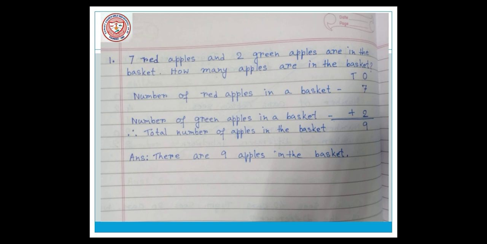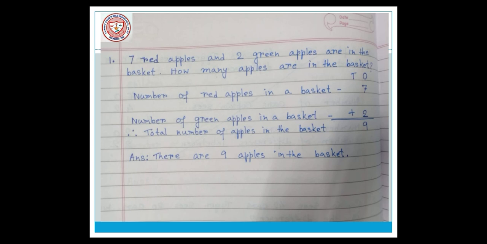Number 1. 7 red apples and 2 green apples are in the basket. How many apples are in the basket? Number of red apples in a basket. Number of green apples in a basket.